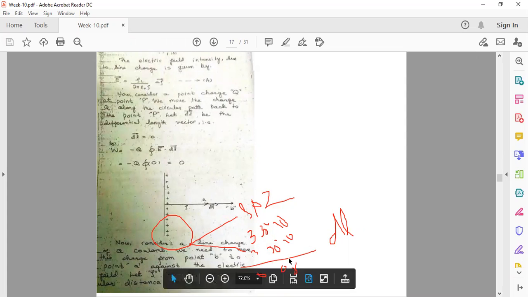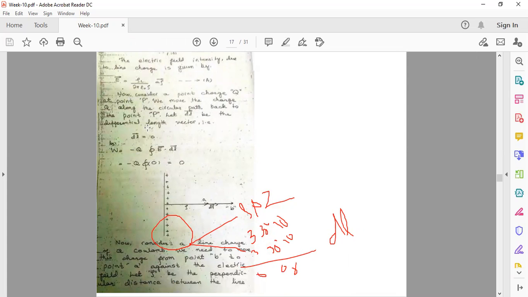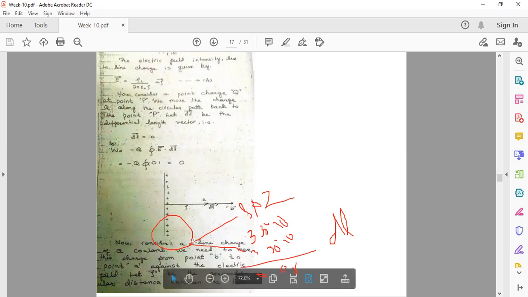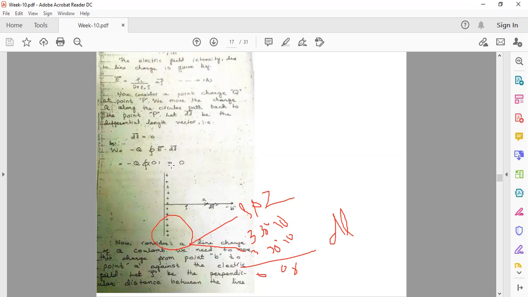As dl is 0, as I have explained over here, putting the value of dl equal to 0, the whole work done will be equal to 0. What does it mean? It means if you move a charge along a circular path with uniform radius, no work will be done. So work done will be equal to 0.